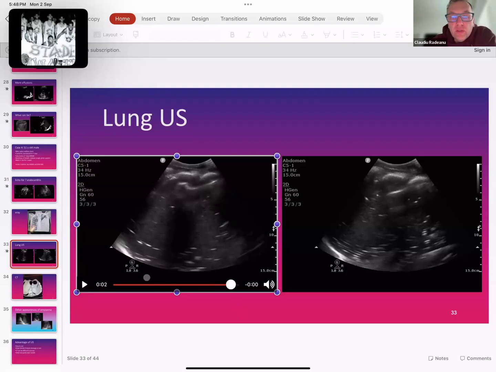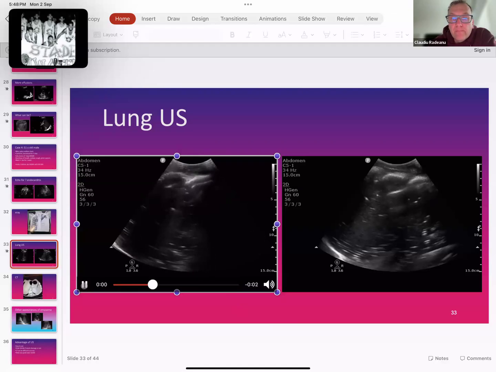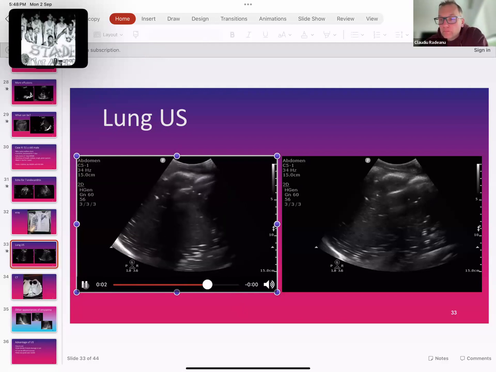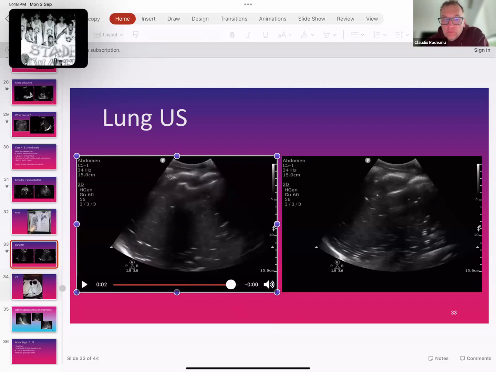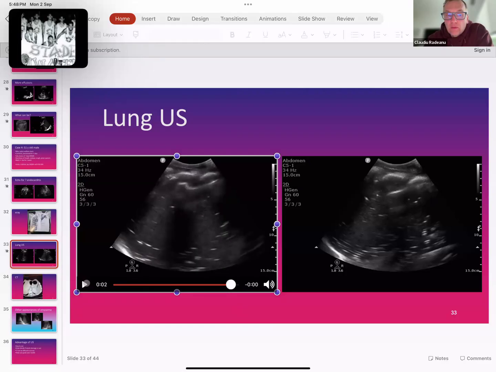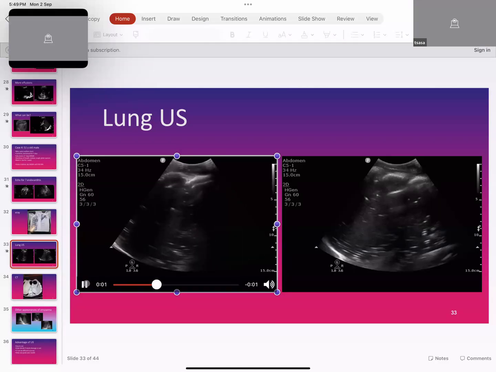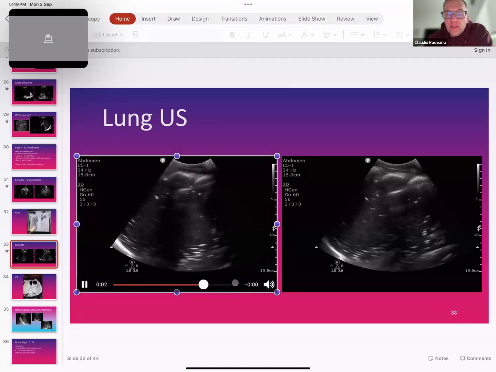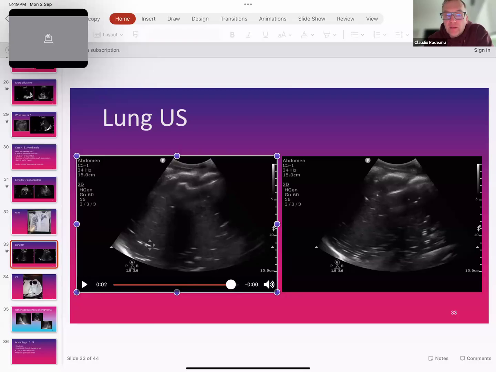What is the difference between the consolidation and this one, the white structures?